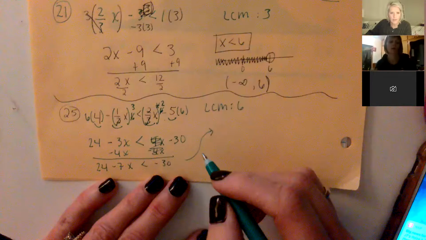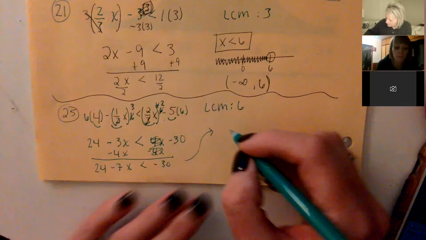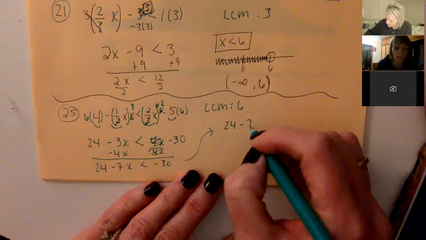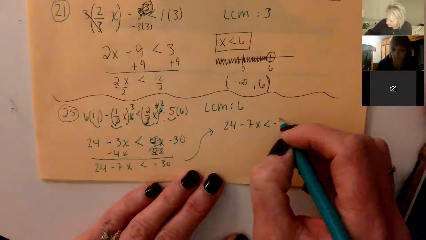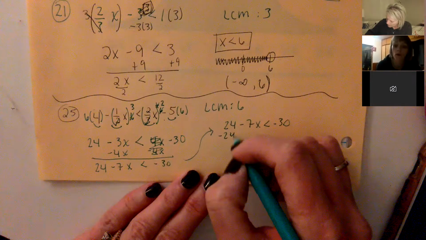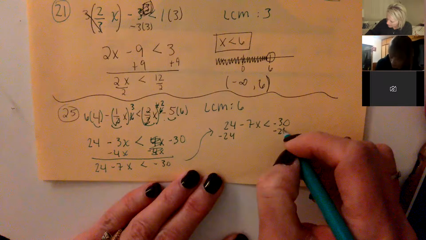And then we're going to subtract 24. So I'm just going to rewrite this so we have room here. We're going to subtract 24 to put the constants all on the right.